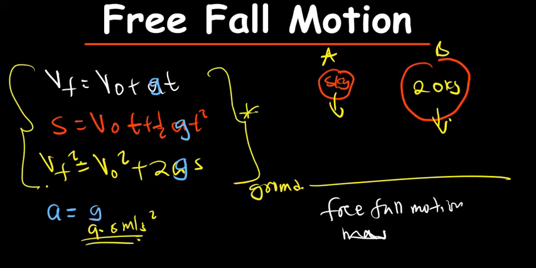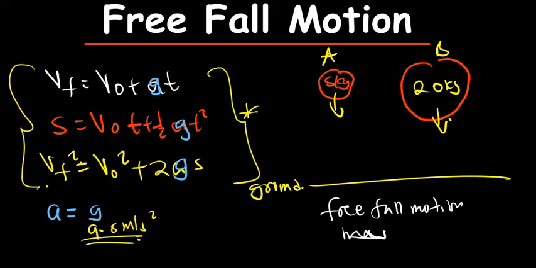Whether an object is big or small, they are going to reach the ground at the same time. They like this question especially for MCQ. They reach the ground at exactly the same time because free fall motion does not depend on mass.